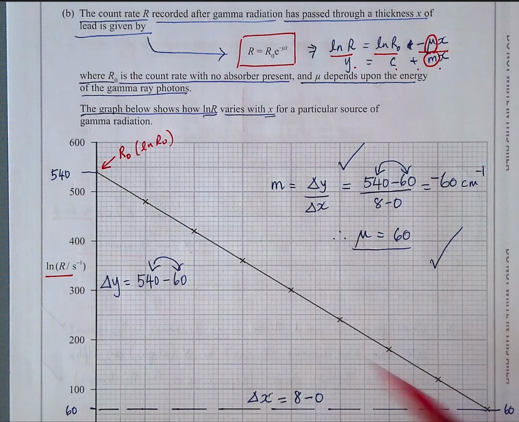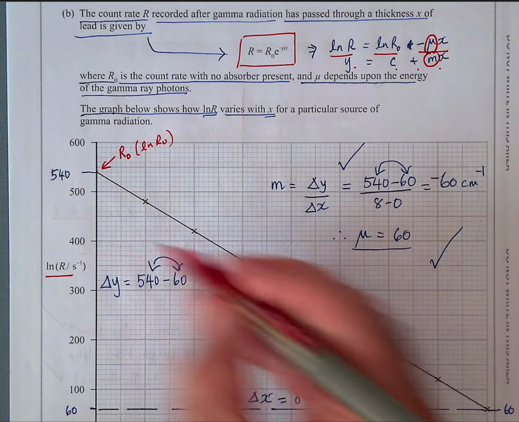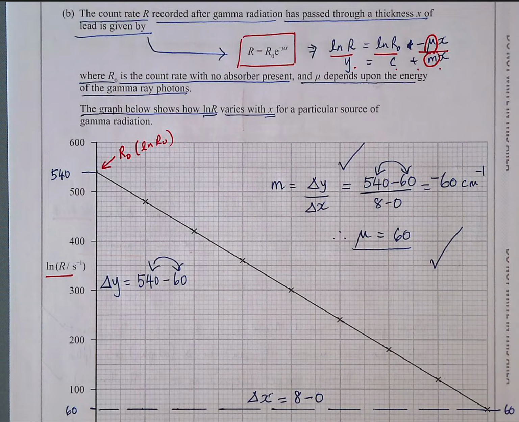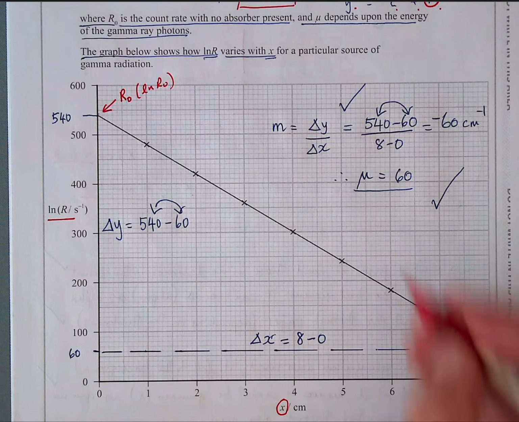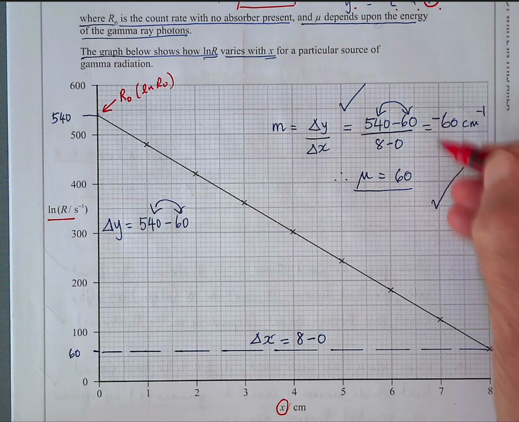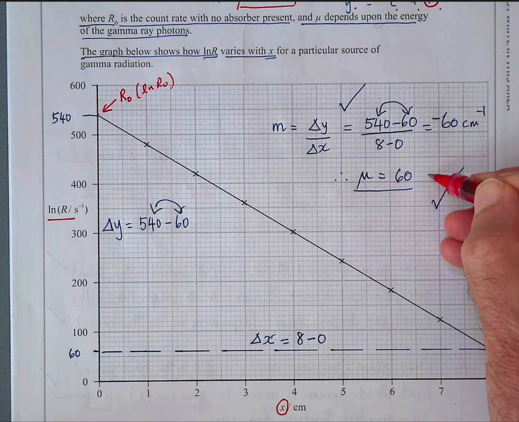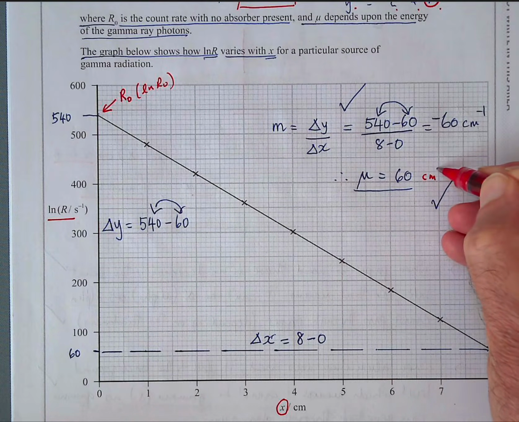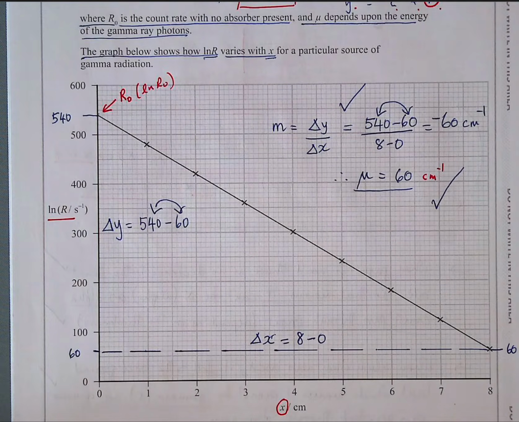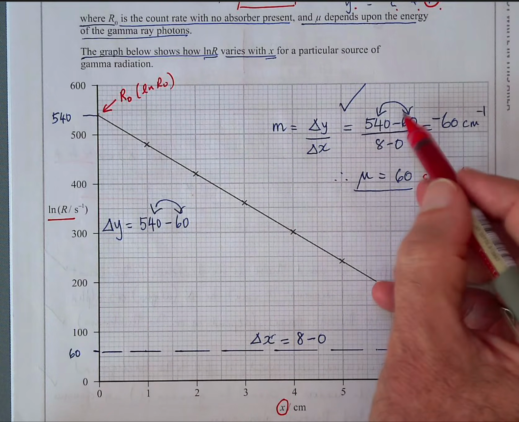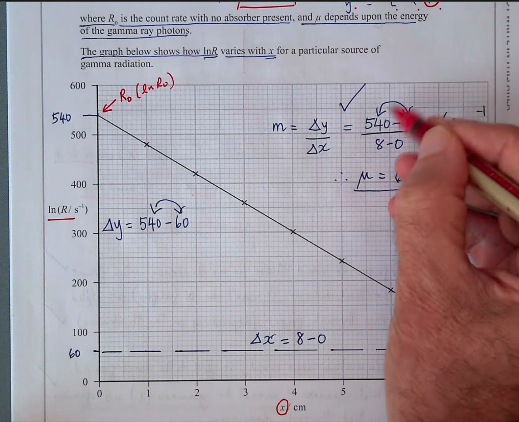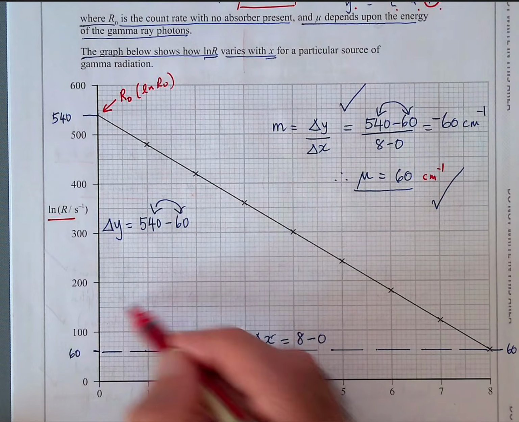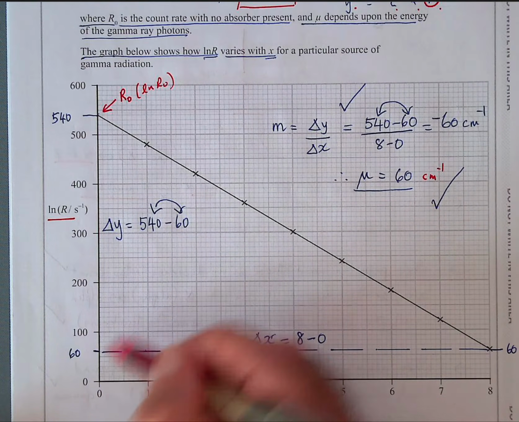Once you know that the gradient is going to give you mu, you should put your values on the graph and show how to do the gradient, and you'll come up with mu being negative, with a value of 60, and it's centimeters to the minus 1, I think. Now I should have done 60 minus 540 because it's going down. I've done it from 540 upwards against along, and normally that would be a positive.